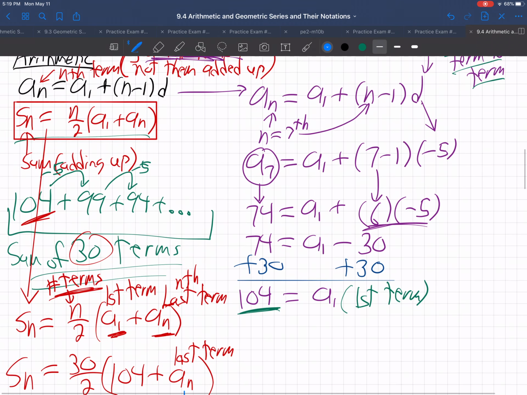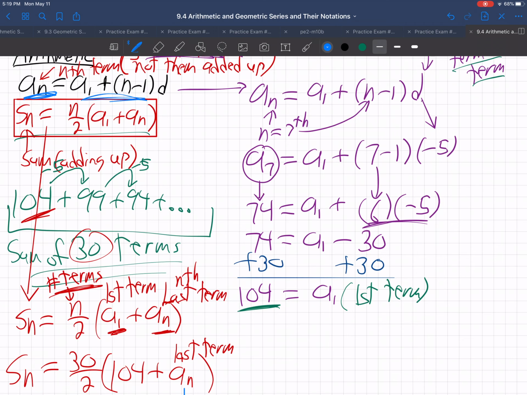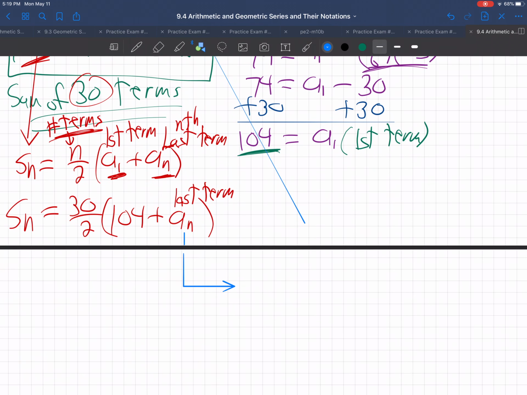So again, we go back and grab the a sub n formula because that's what we need, don't we? And that is a sub n is a1 plus n minus 1 d.